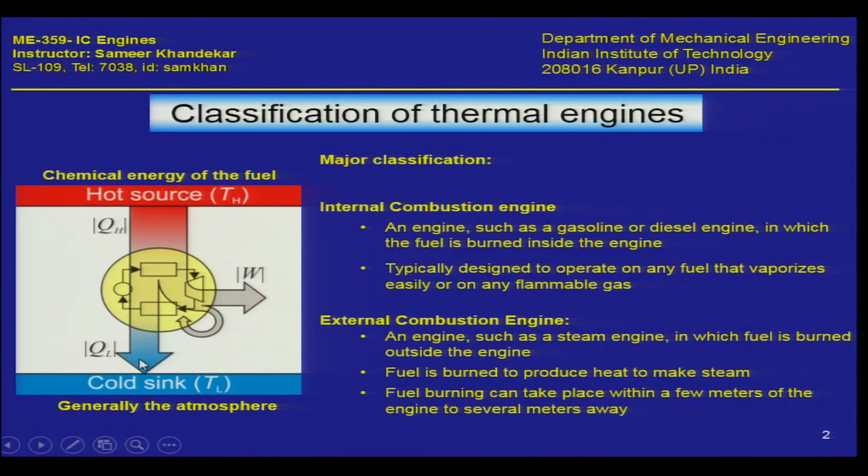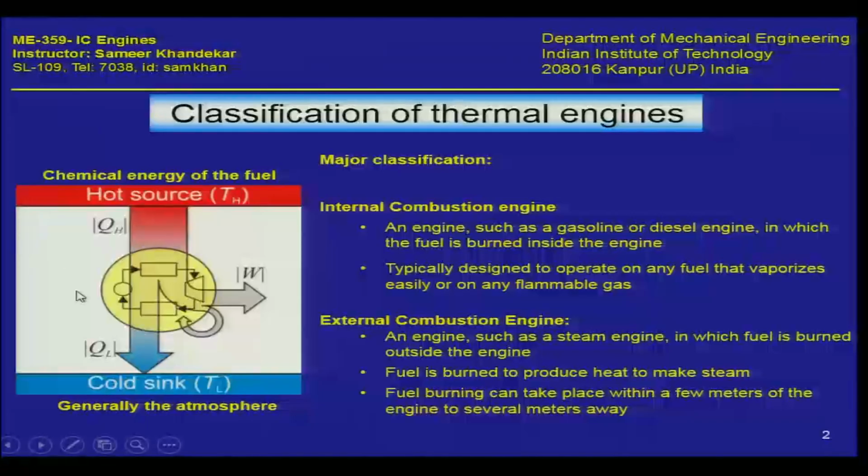You have studied in your thermodynamics course why you cannot convert 100% heat into work, although the reverse is possible. You can convert 100% work into heat, however 100% heat cannot be converted into work, and you have studied the second law limitations of why this is not possible. Coming to this diagram, this is a typical engine. It takes a certain amount of heat from the hot source. In our case, for internal combustion engines, it will usually be the chemical energy of the fuel.